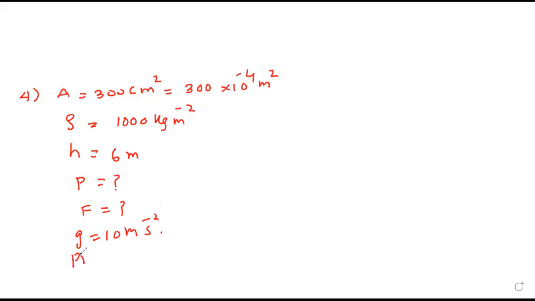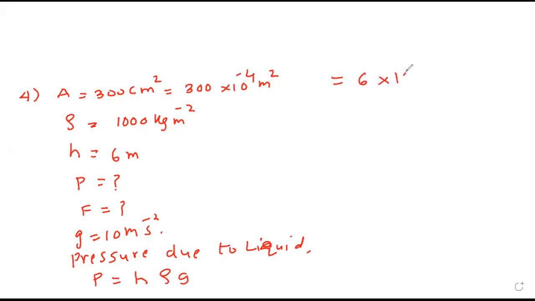Very simple. Pressure due to liquid is given by P equals to H rho G. H is 6 centimeter, density 10 raised to 3, G is 10.